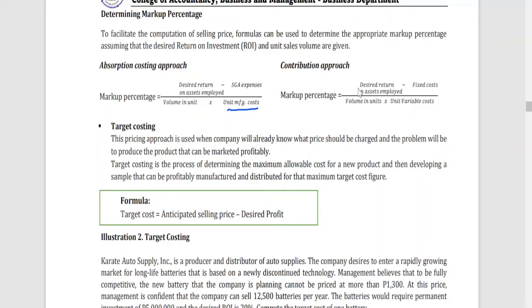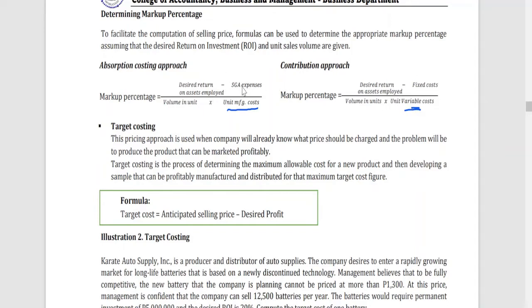On the other hand, in the contribution approach, the same desired return on assets employed but deducted by fixed cost. Okay, and then all over volume in units times unit variable cost. As you can observe, the items being multiplied are the costs that are considered in the contribution approach.